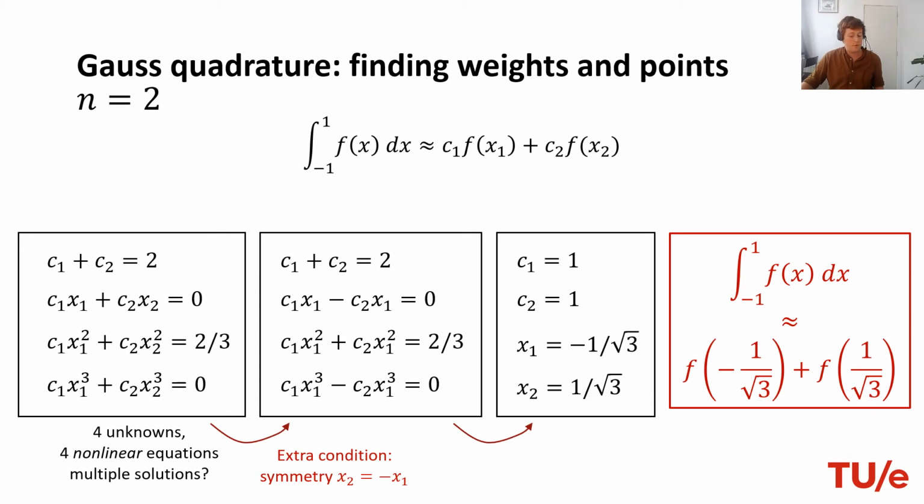And this turns out to be an exact integration for polynomials up to a degree of 3. It will be an approximation for higher order polynomial functions and also for non-polynomial functions. It will be an approximation, for instance, for exponential or sinusoidal functions. And we will actually try that in a moment.